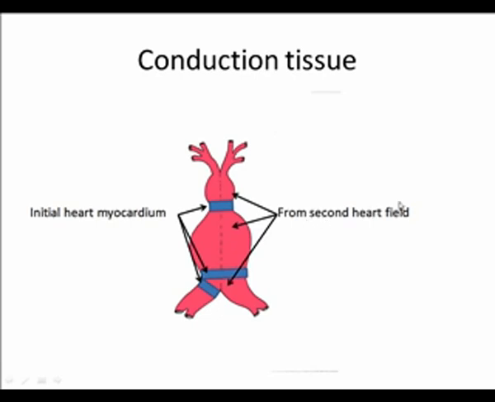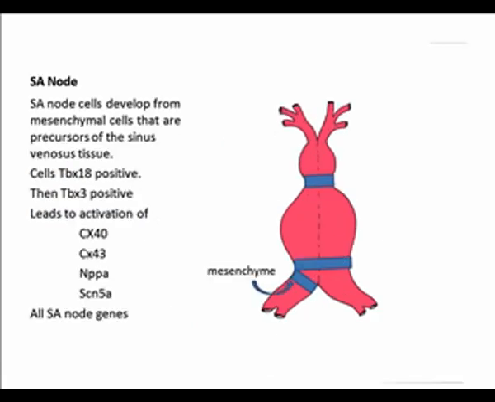Turns out there's a second heart field that contributes a lot to the heart cells that make up the other regions of the heart. But this initial myocardium is going to have the ability to rhythmically contract. So when we look at the SA node, it appears that the SA node developed from cells where the mesenchyme is going to enter into the region of the sinus venosus.